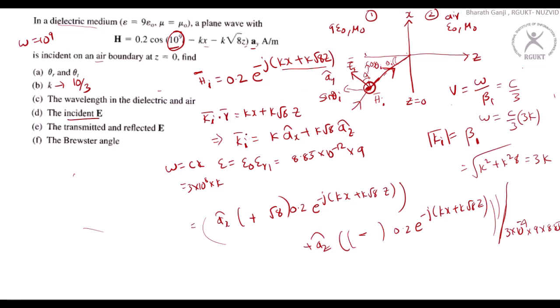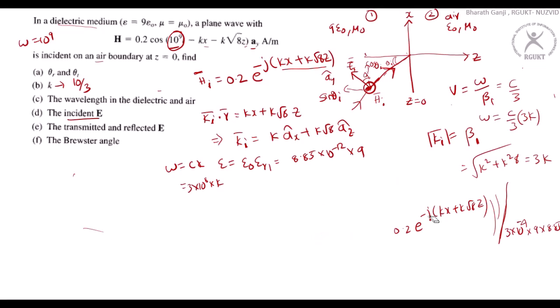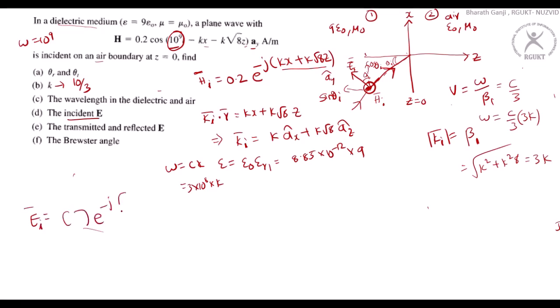So how do I write the electric field here? You can write the electric field as something times e power minus j something times the direction of the field.